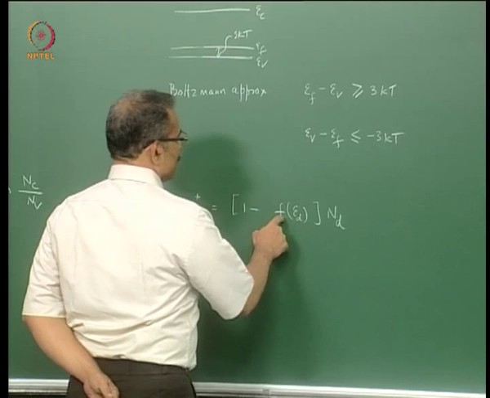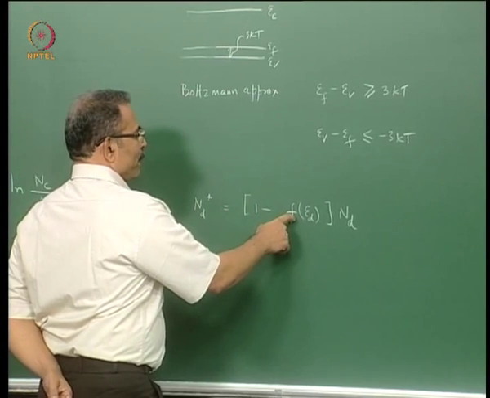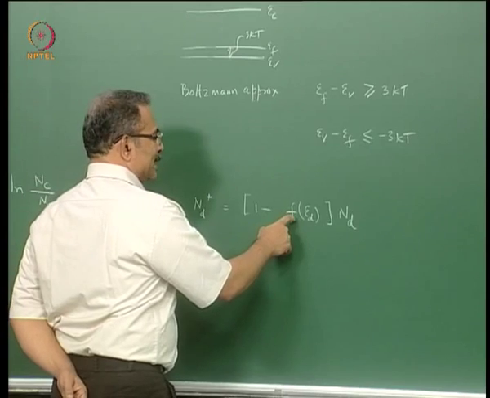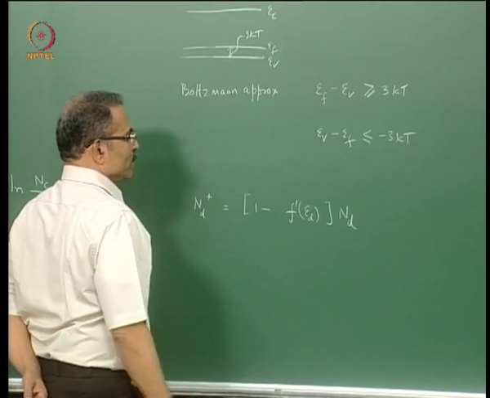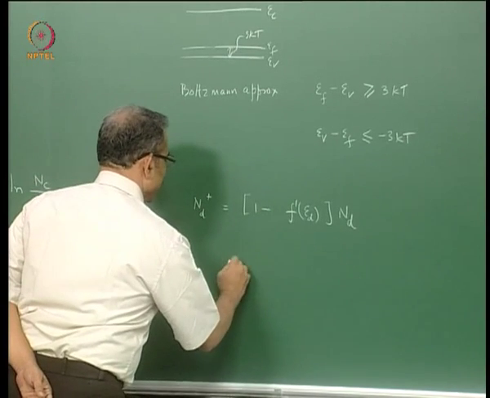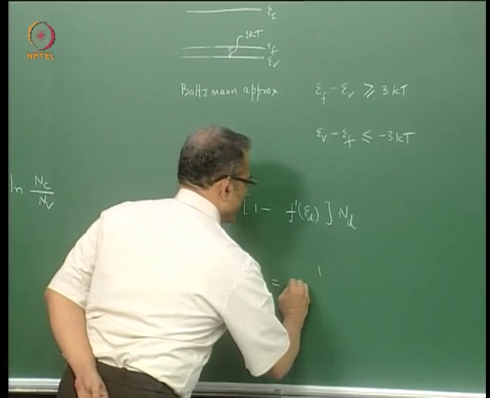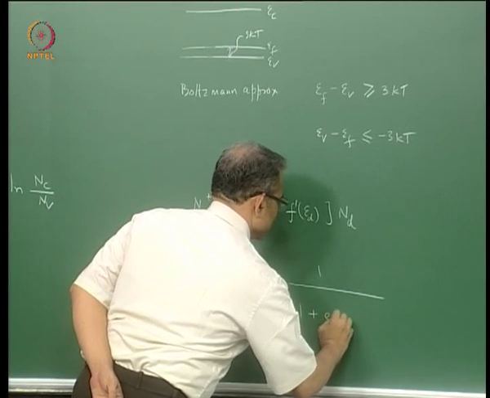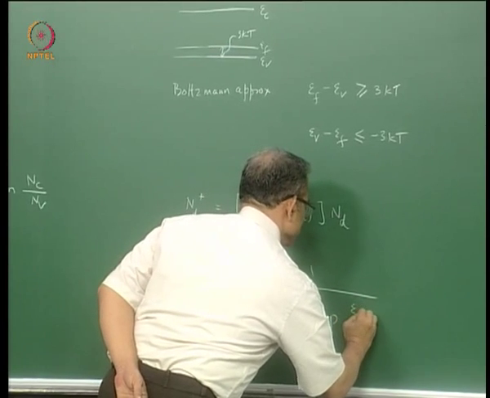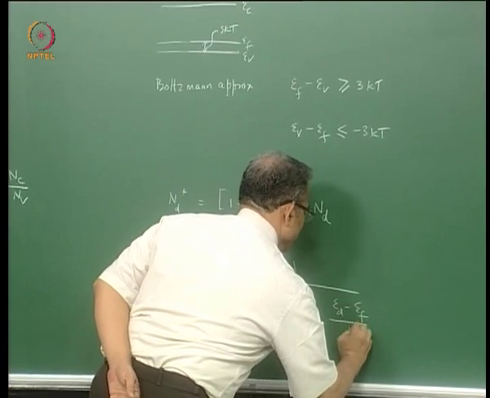Now this fraction is not given by the Fermi-Dirac function exactly, so that is why you put a dash. So Fermi-Dirac function would be 1 by 1 plus exponential of Ed minus Ef by kT.